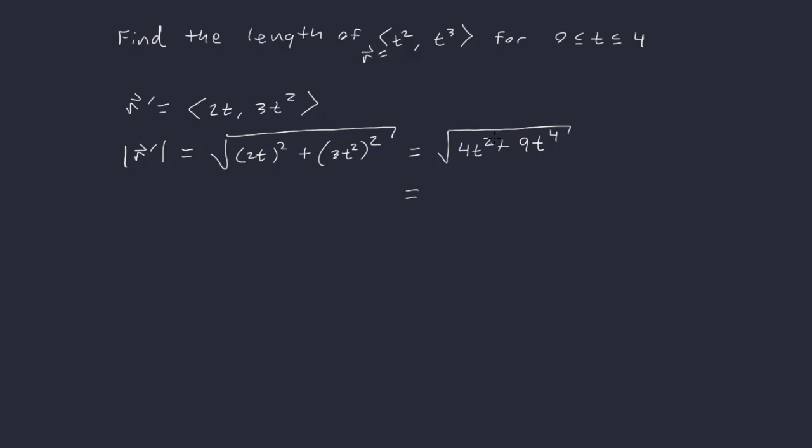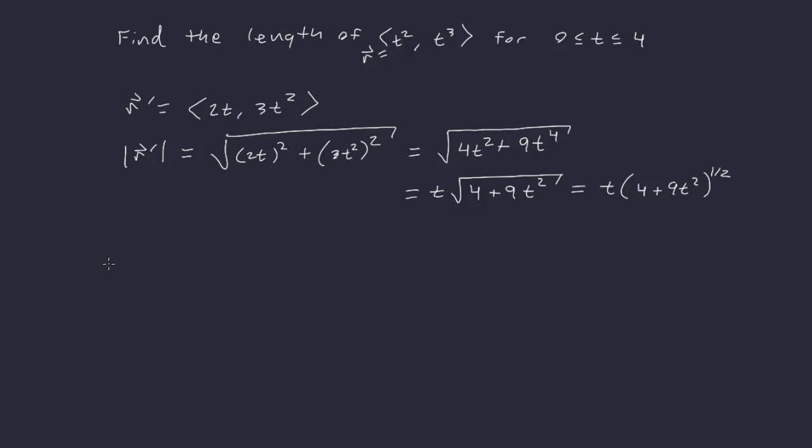When we factor out the t squared, we can take it out of the square root as a t. And so we'll have t times the square root of 4 plus 9t squared. I'm going to rewrite this as t times 4 plus 9t squared to the 1/2.